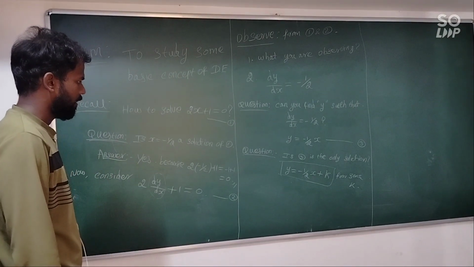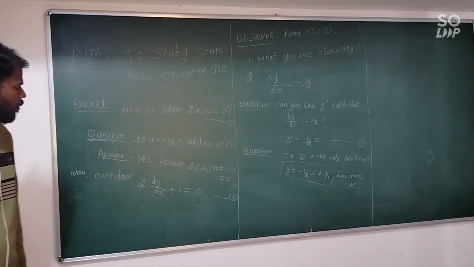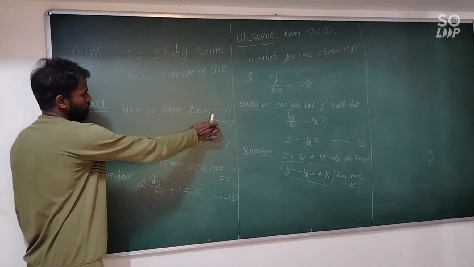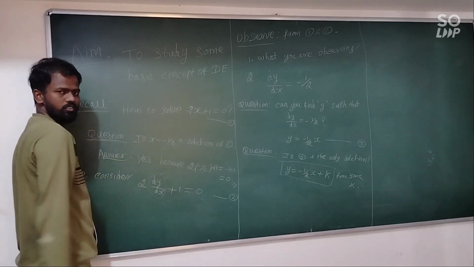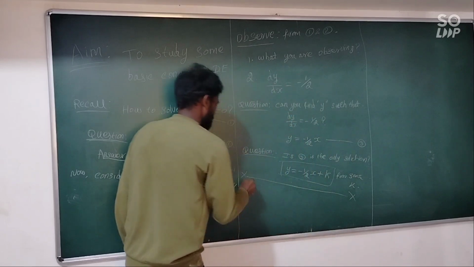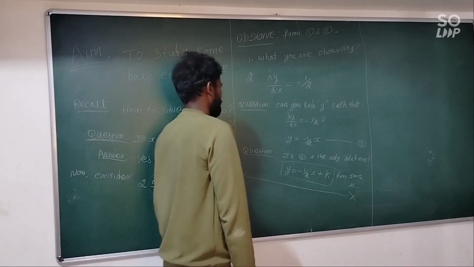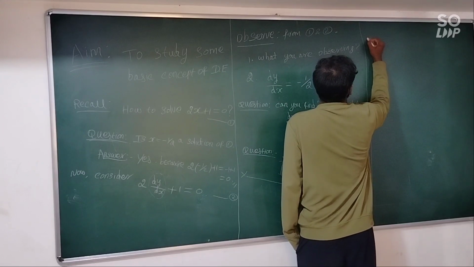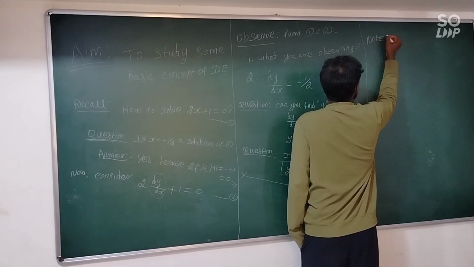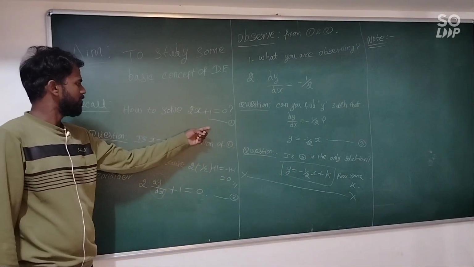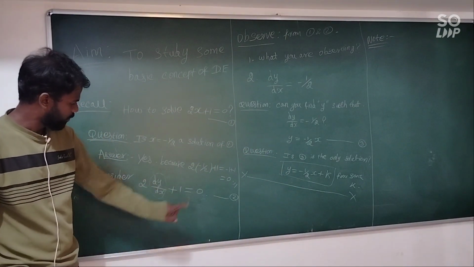Done? Yeah. So now, and before that, what is this one? What equation is this? So note, what type of equation, what are we calling this equation, and here also you have an equation.